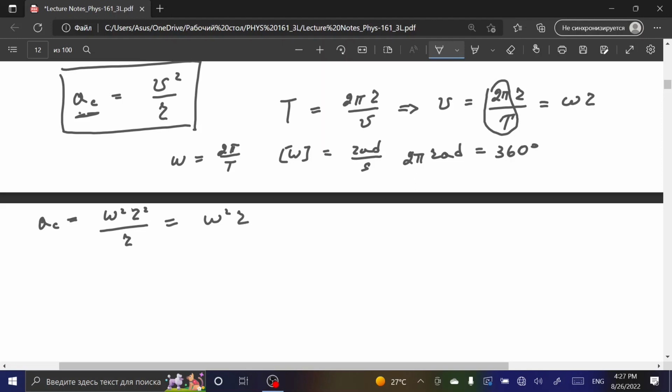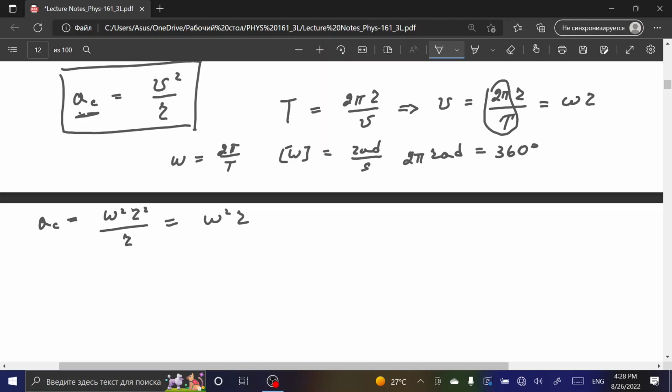And that is the magnitude. We have nothing in a quantitative way about its orientation. We only know the magnitude.